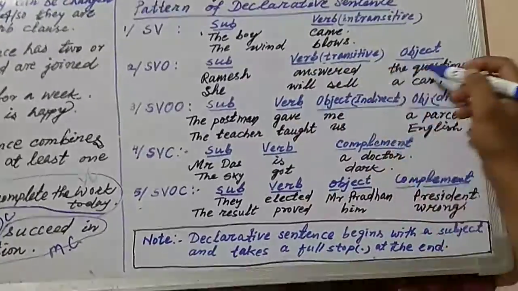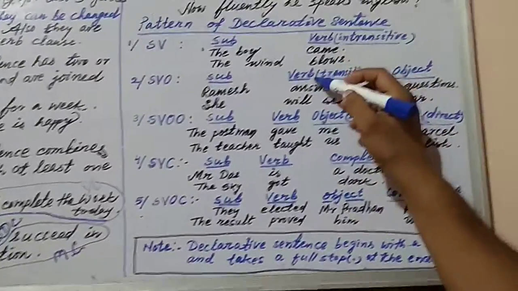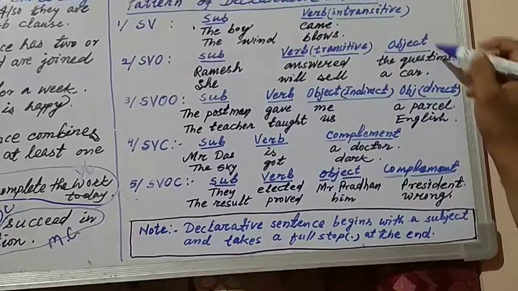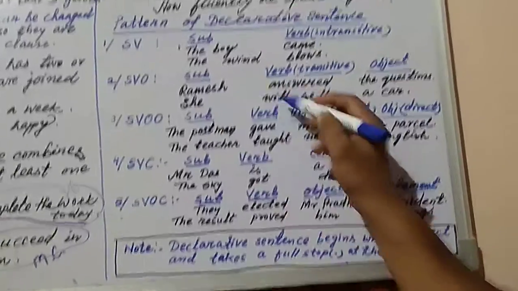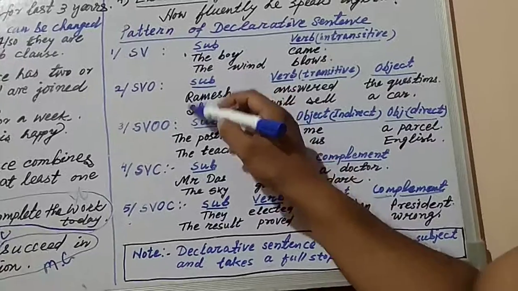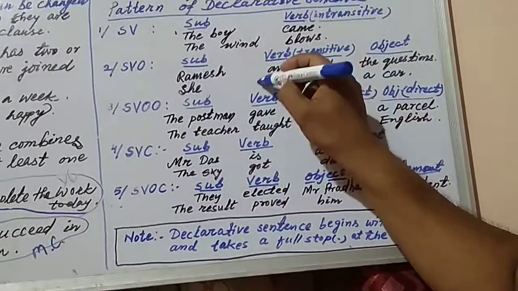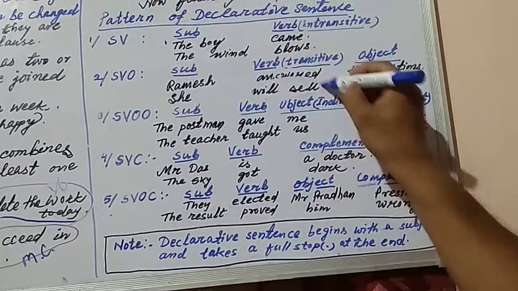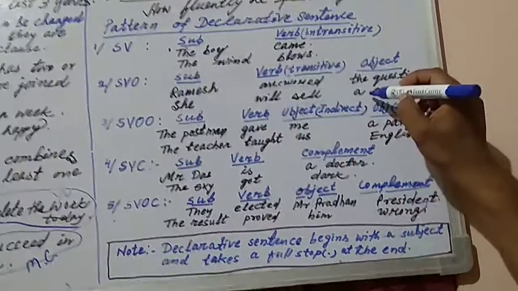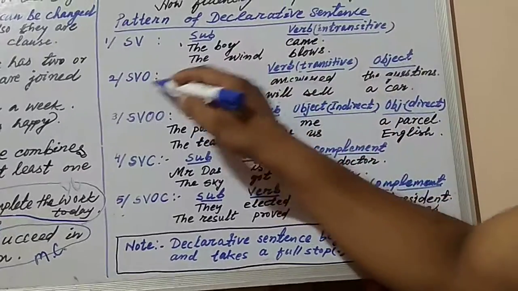Ramesh answered the questions. Here Ramesh is subject, answered is verb, and the questions object. She will sell a car. That means here she is subject, verb here will sell, and object is a car. Okay, so this part one is SVO.